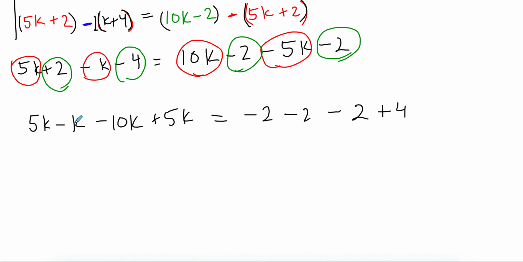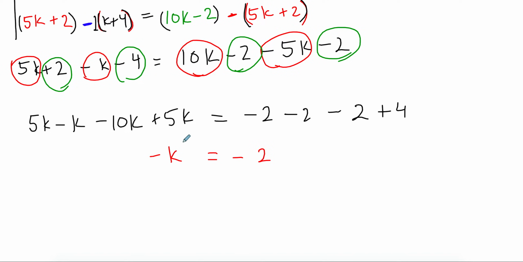5k minus k is 4k, minus 10k will be a negative 6k, and then negative 6k plus 5k will be just a negative k. Negative 2, negative 2, negative 2, that's negative 6, and then plus 4 will give me a negative 2.